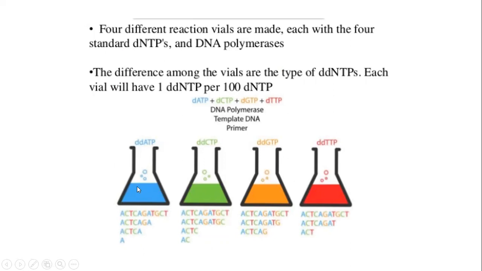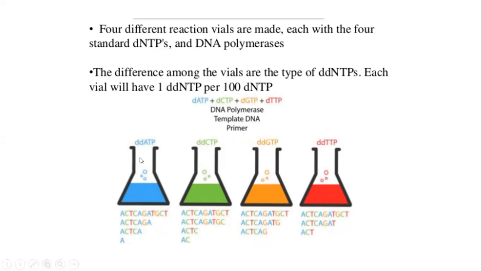And you use one of the terminating nucleotides, that is dideoxynucleotide, in one reaction. So in one you use dideoxy ATP, in another dideoxy CTP, and so on. Depending on the dideoxynucleotide, the reaction is going to get terminated at that particular base when the base gets added.